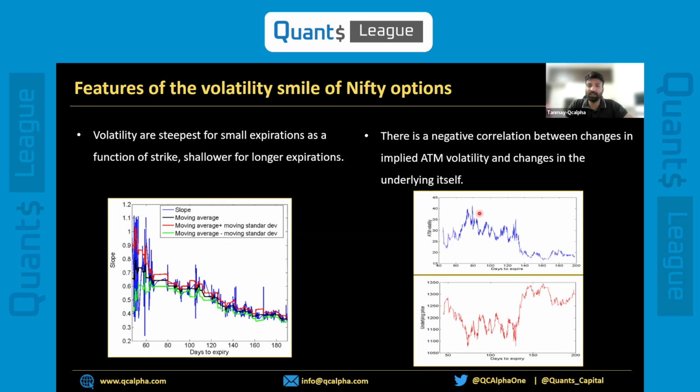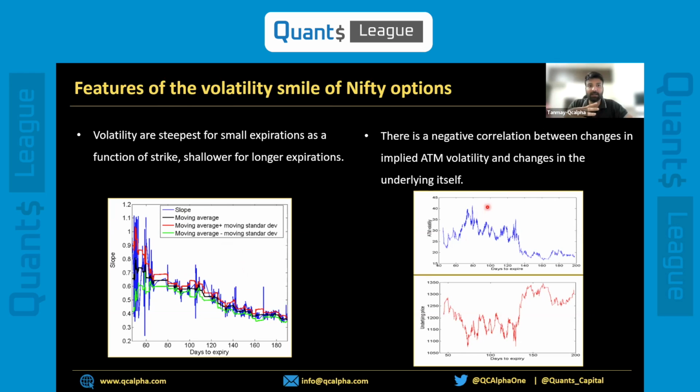We have seen a negative correlation between changes in the implied ATM volatility and the underlying. Most people know that if the market crashes, the volatility tends to go up, and if the market rises, the volatility tends to fall.